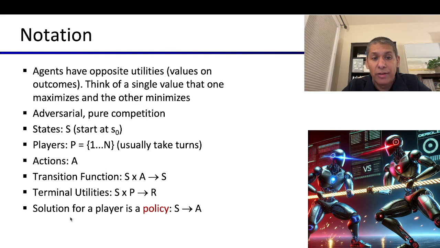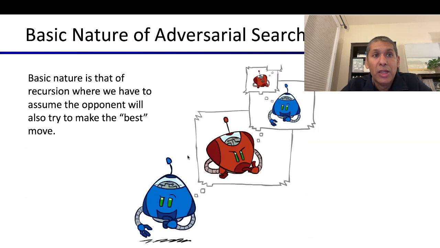The solution that we're looking for for a player is a policy, which defines, given a state, what action they should take. Again, this is a mathematical notation of concepts that we would normally already understand. So let's think about the basic nature of adversarial search. The basic nature is that of recursion, where we have to assume the opponent will also try to make the best possible move.